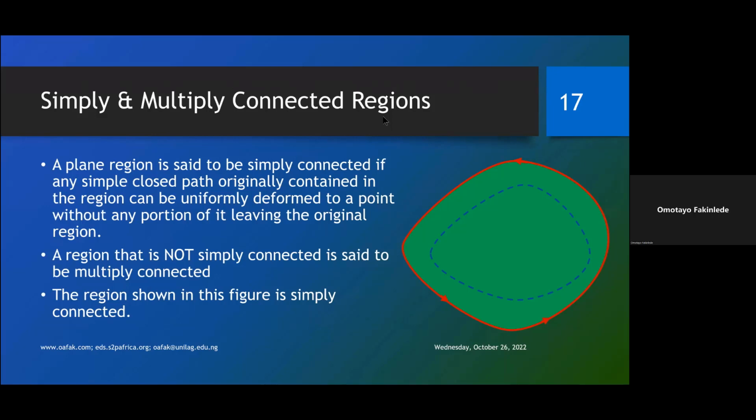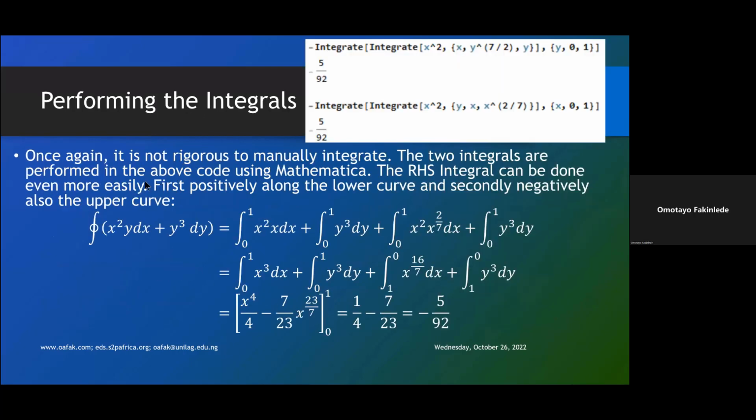Let me check the integral of the second dy. Well, because the path is 0 to 1, it's still 0 to 1. There is no change in it.